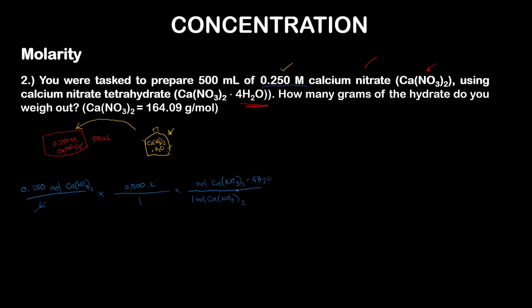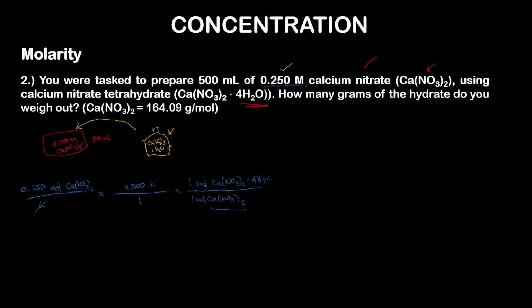How many calcium nitrate is in calcium nitrate tetrahydrate? One, right? Yes, it's only one. The only different thing is it has extra water, but we are asking for the ratio of its calcium nitrate, not with water.